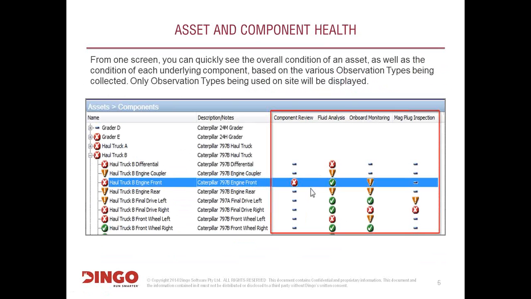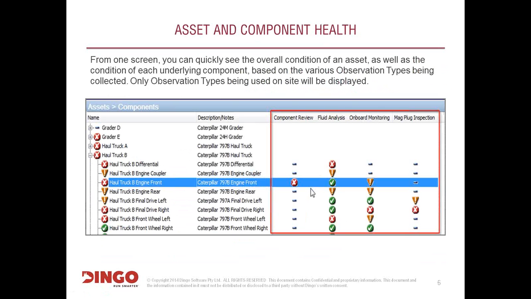Asset and component health. We've changed the way some of this works in Trakka 4.0. As you can see, that screenshot is different to what you're used to seeing in the asset tree. Now from this one screen, you can quickly see the overall condition of an asset as well as the condition of each underlying component, and it's based on the observation types that are being collected for each component, and only the particular types that you're actually tracking on your site will be displayed.